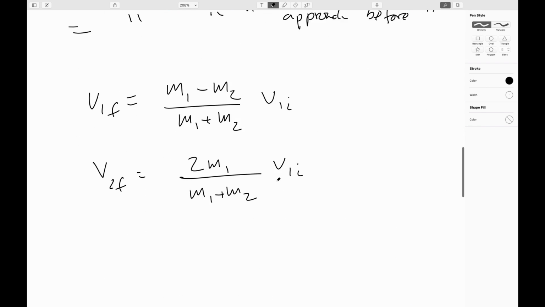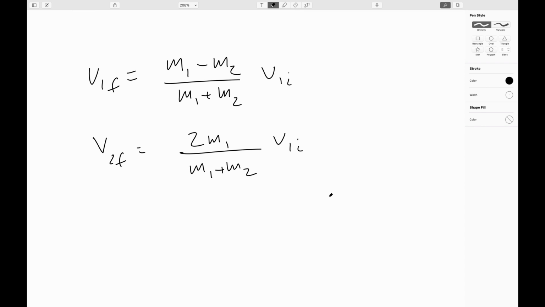So let's see if we get that. So if M2 is really big, then this is going to be a negative number that's just barely under M2. This is a positive number just barely bigger than M2. So sure enough, this is going to be minus a number just barely under 1 times the speed you had before. In other words, you're basically flying out at the same speed you came in.